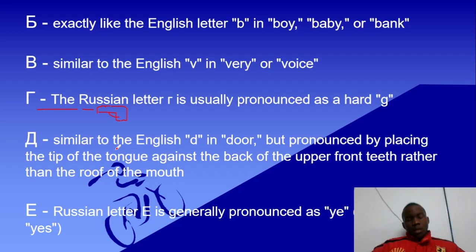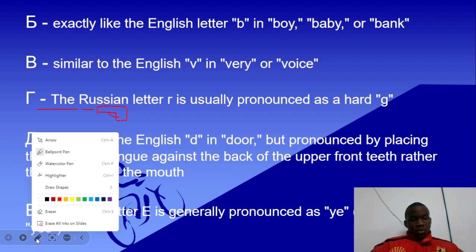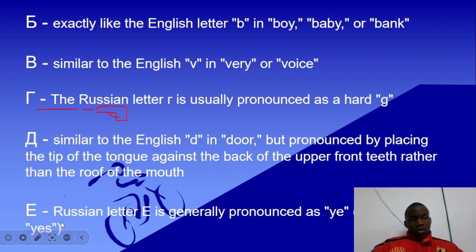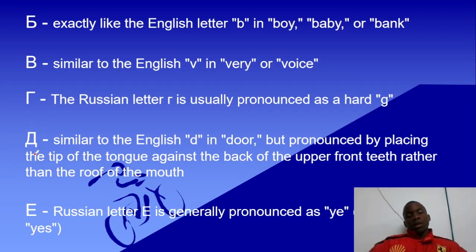All right. Then we have our next. Let me try and erase this. All right. The next letter we have is letter D, right? This is D, D for Dom. Dom is a house, right?